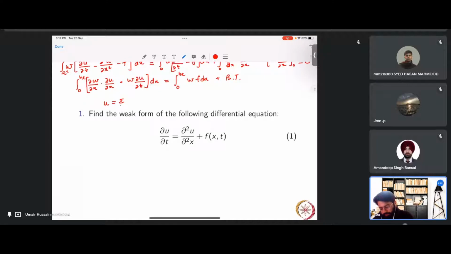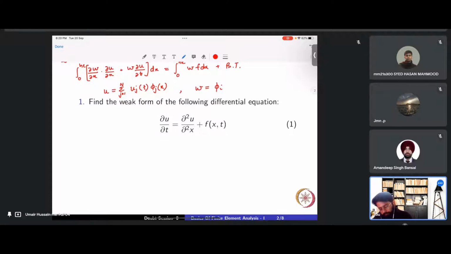U is the summation over j equal to 1 to n of uj, which is a function of time, times vj, some function of space. And then of course w we can replace as vi. So what do we get here?